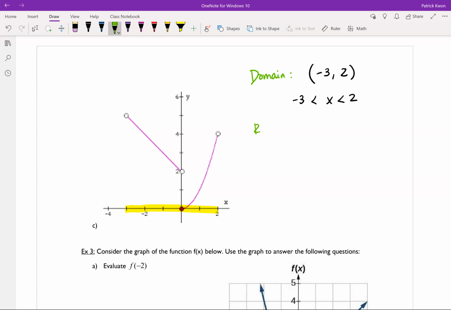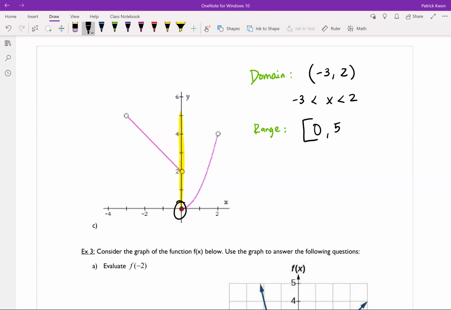Now let's talk about the range. So the range is the y values. The highest point is right there, and then the lowest point is right there. And notice that if we were to write this in interval notation, it ranges from 0 to 5, but at 0, there's a closed dot right here, and so we're going to end up putting a bracket.